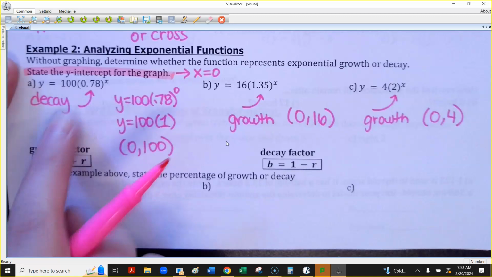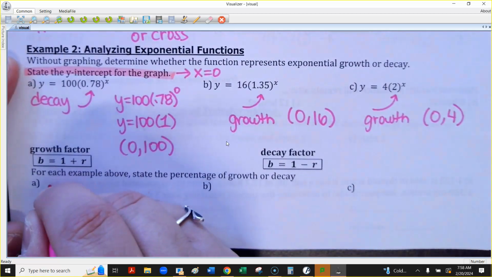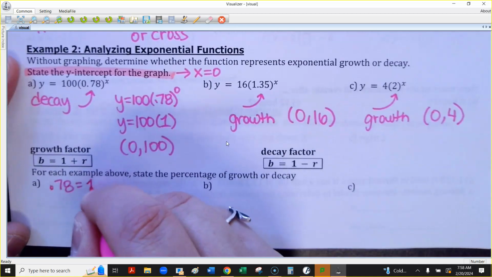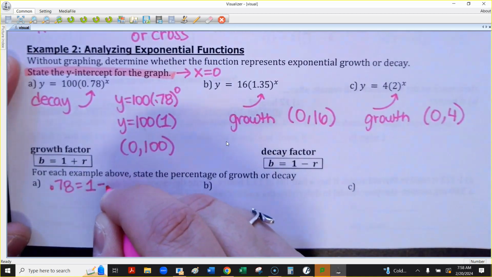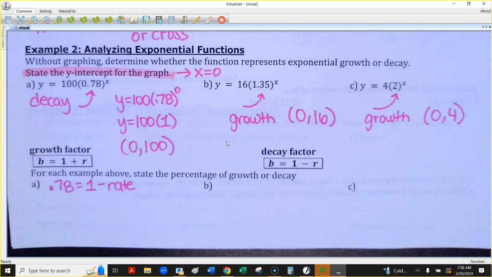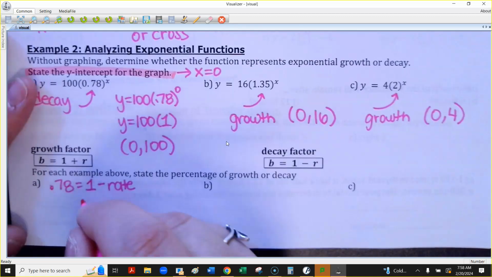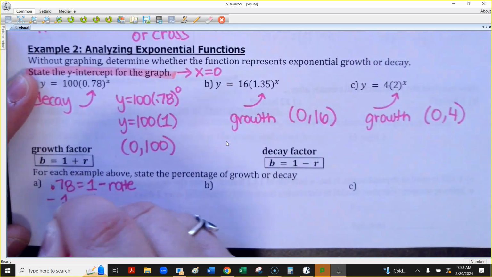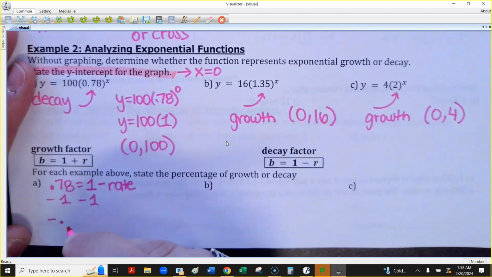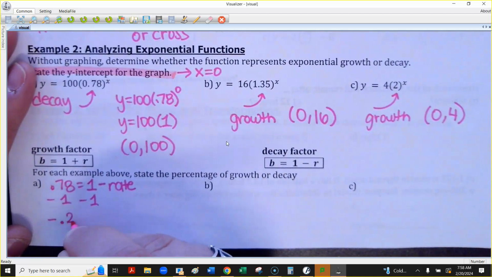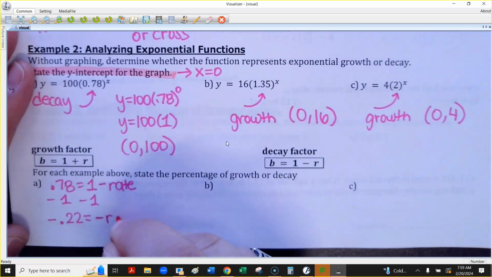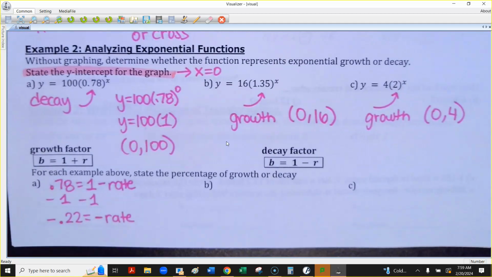This first one we said was decay. So my b value was 0.78, and that's going to be 1 minus the rate of whatever we're taking away. All right, so if I subtract 1, just real quick, from both sides, that's going to give me a negative number, which would be negative 0.22, and that would be the negative version, because it was 1 minus my rate, so it would be the negative version of my rate.